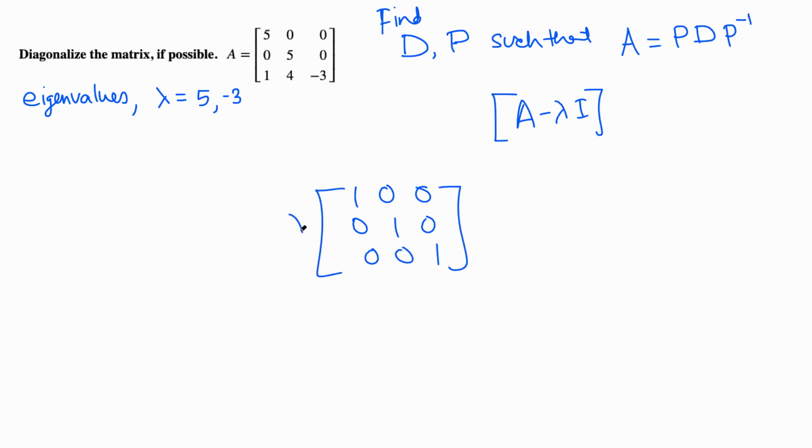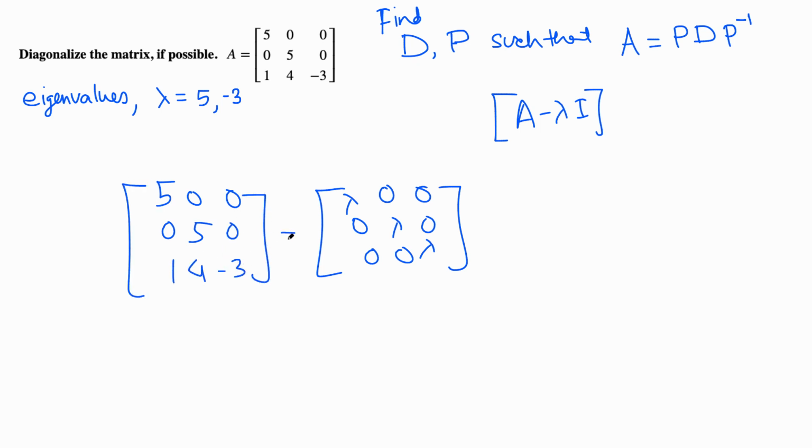We multiply each element by lambda, so these 3 become lambda, lambda, lambda, and we subtract this from A. So A is 5 0 0, 0 5 0, 1 4 negative 3.